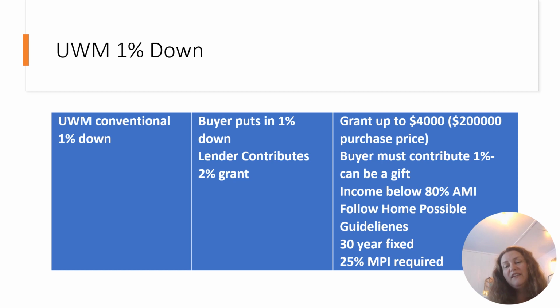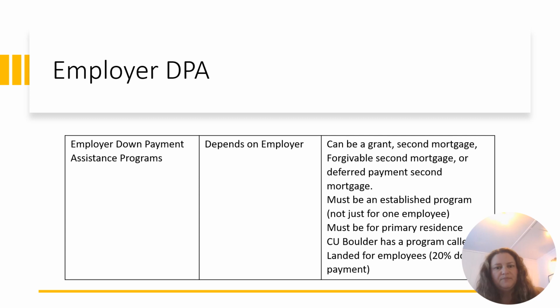But really, it's going to be about $4,000 in a grant to most people in Colorado. You have to contribute still 1%, even if it's under $200,000. Your income must be below 80% of the AMI. This really follows the FHA Home Possible guidelines, even though it's a conventional. It's 30-year fixed, and there's some mortgage premiums associated with it.